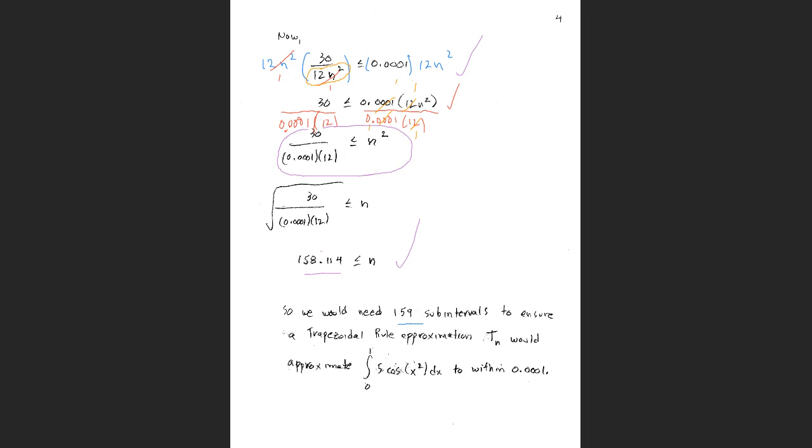And so it turns out we would need 159 subintervals to ensure our trapezoidal rule approximation would approximate this integral to within 1/10,000th. It makes sense there would be more subintervals. The cosine wave has more variability in it, so you would need more subintervals to pin down a good approximation.